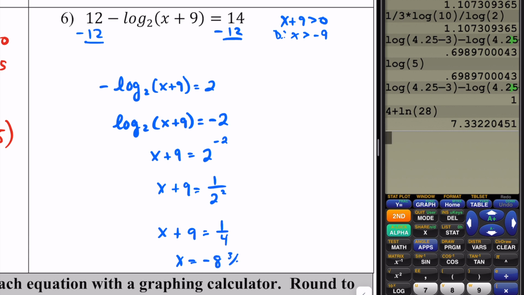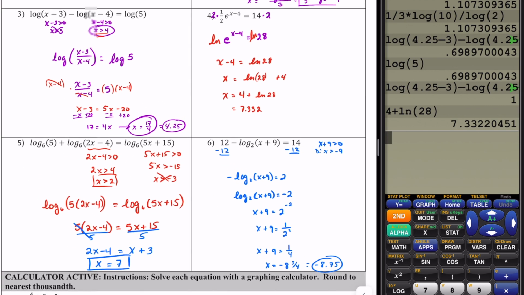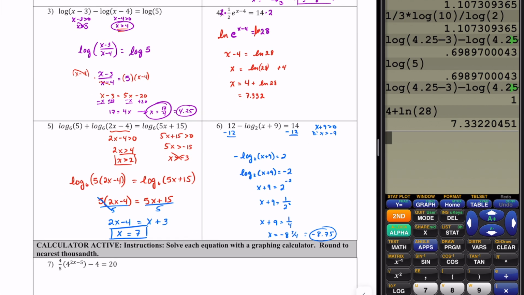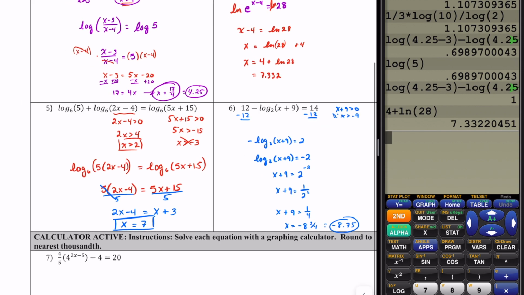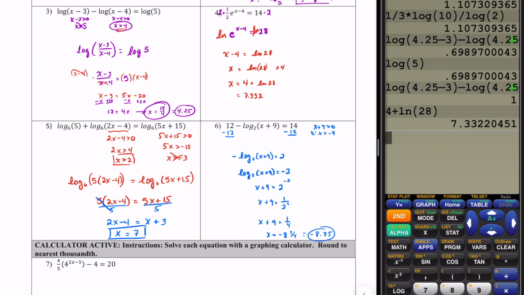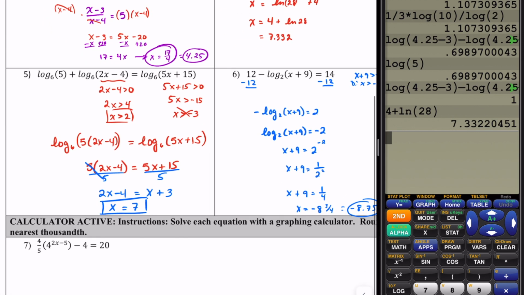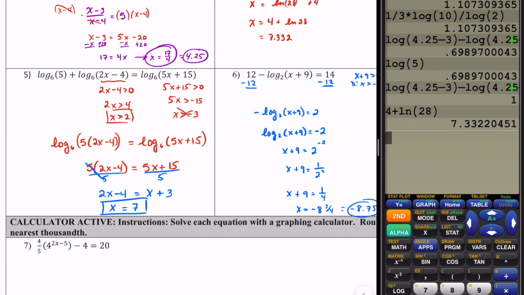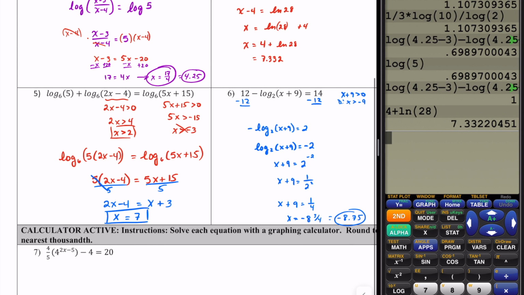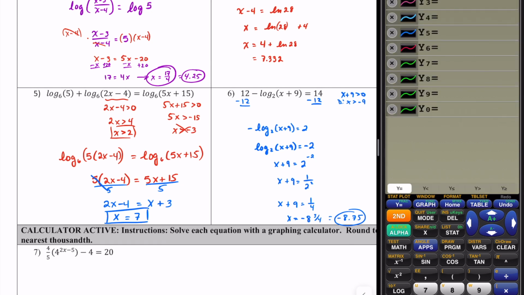I think that's 1, 2, 3, 4, 5, 6, and we just got 7 here. Calculator: solve the equation with a graphing calculator, round to the nearest thousandth. So solve with a graphing calculator, we can just graph the left side. I'll make y1 equal to 4/5 of 4 to the 2x minus 5, minus 4.